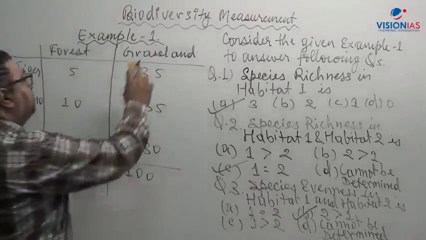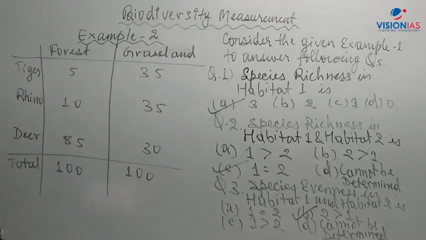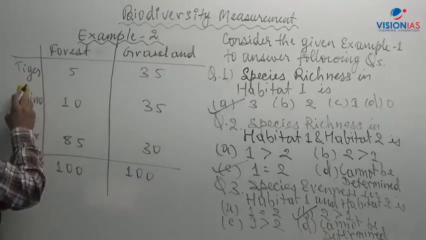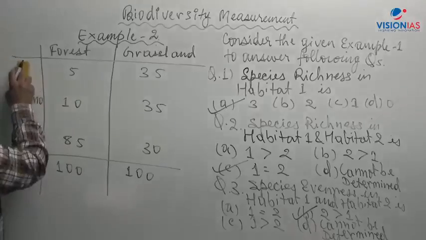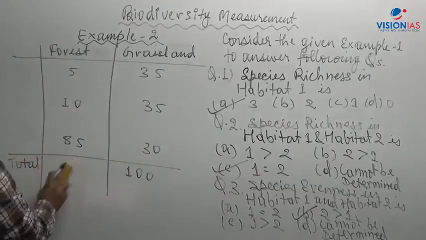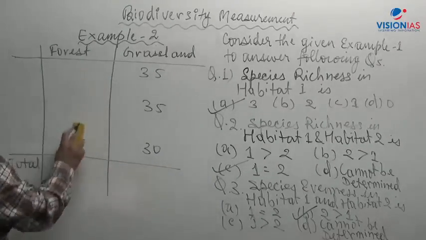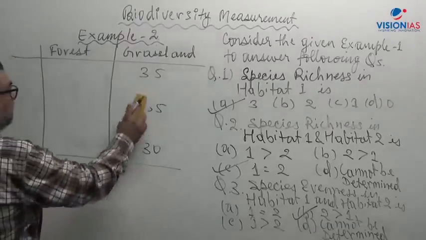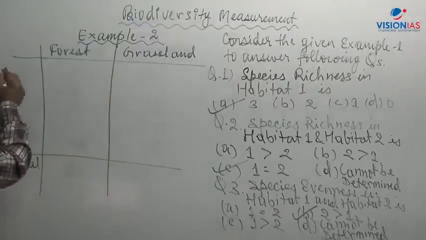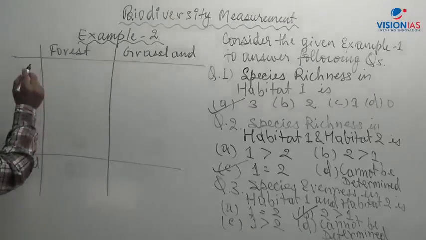Now I'm changing the example here, and I'm also changing the data. Let me change the information on the table. Let me see how many of you can now get the correct answer. So here, forest and grassland, two types of ecosystem, and I'm now writing the species names here.